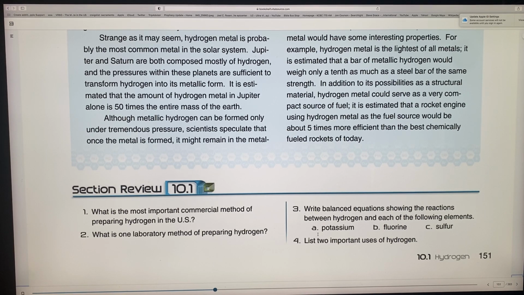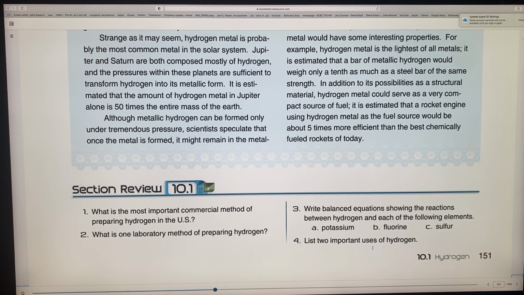So, write the balanced equation showing the reactions between hydrogen and potassium, fluorine, and sulfur. Let's go back to that point, because each one of these will be very easy. But first, let's list 2 important uses of hydrogen.